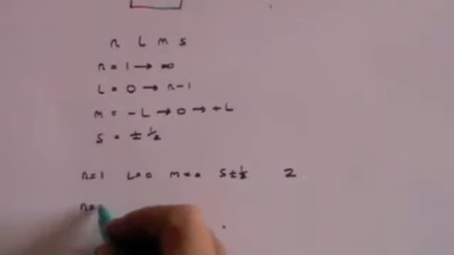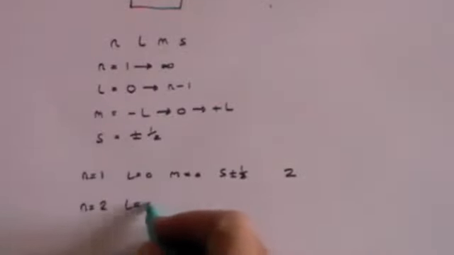When n is 2, L can equal 0 or L can equal 1. When L is 0, M is 0, S is plus or minus a half, and again you get 2 electrons, one with plus half, the other with minus a half. When L is 1, M can be minus 1, 0 or plus 1, and in each case S can be plus or minus a half.